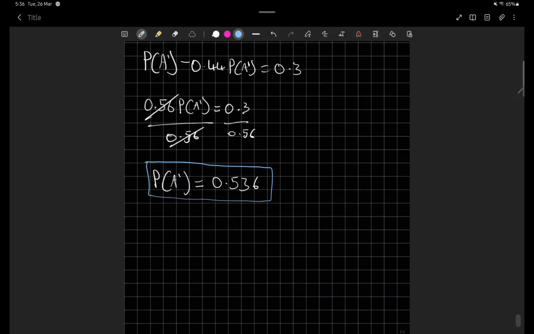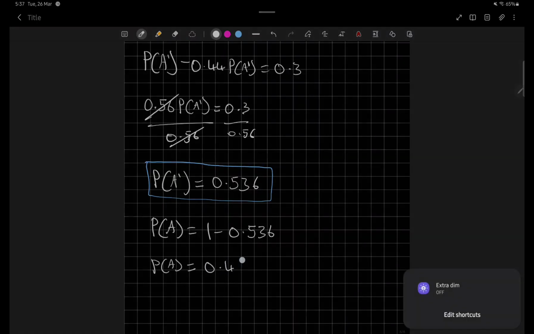Now, if that's the complement of A, to find P of A, which is what our problem was asking, you go 1 minus 0.536, and you finally get the answer. P of A is equal to 0.464.